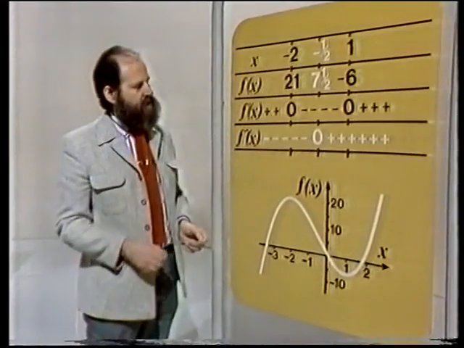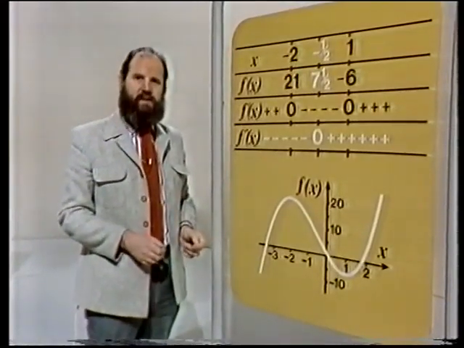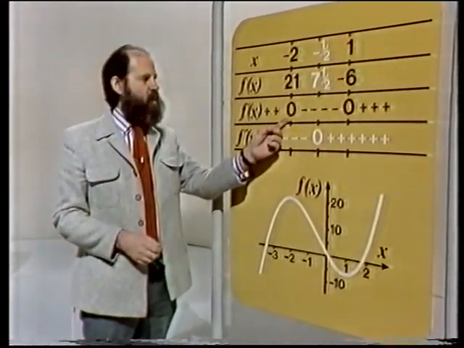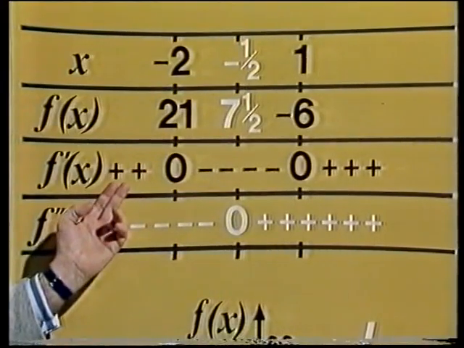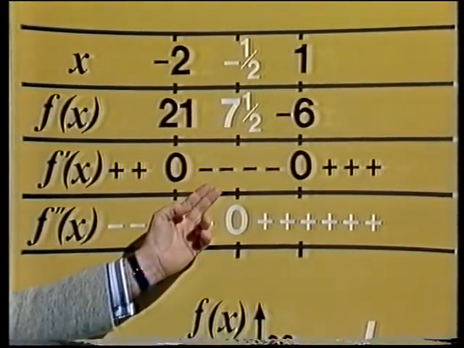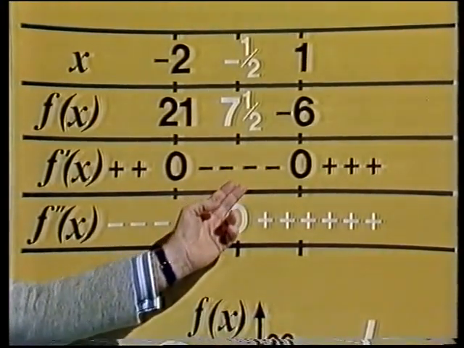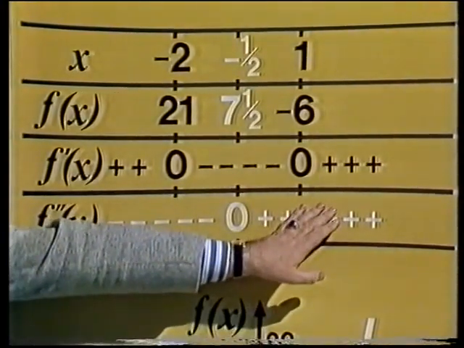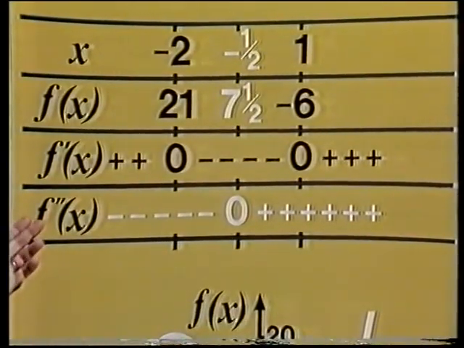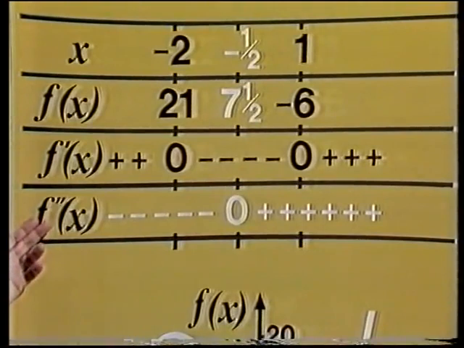It would also enable us to locate the maxima and minima, because the local maximum is given where the derivative goes from positive to negative, and a local minimum is where it goes from negative through to positive. All right, then we'd find the second derivative. We'd find out where it was zero, where it was negative, and where it was positive.